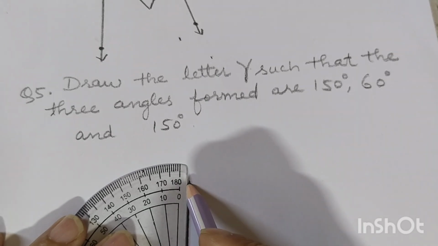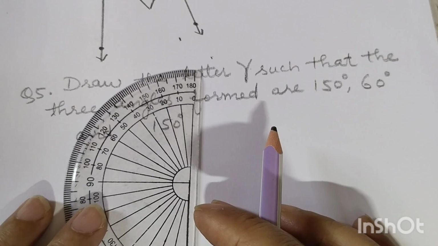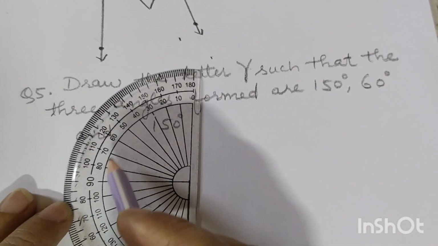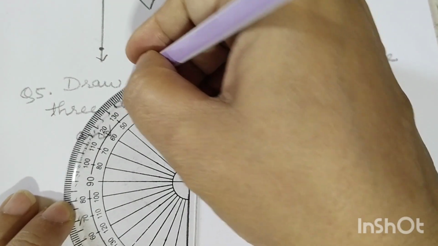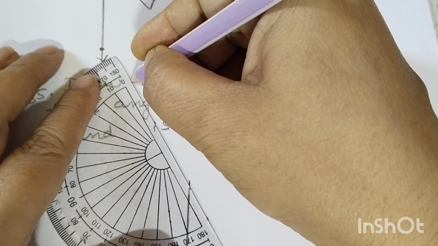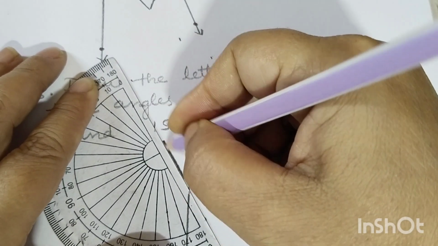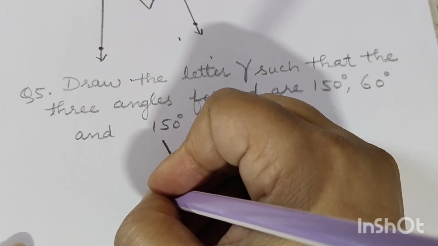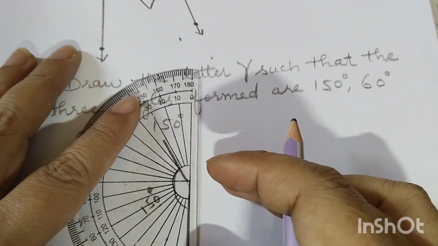Okay, from here mark the angle 150. This is of 150 degree. You can check your angle.